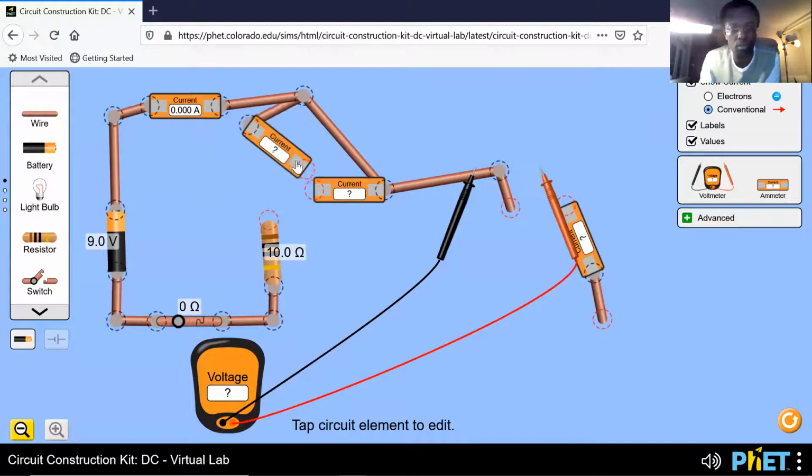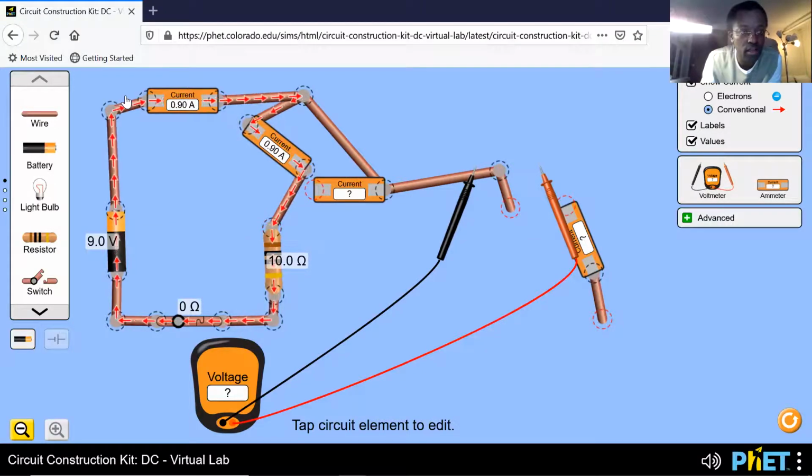I want to make sure. I see. The problem is that I want to include all the ammeters so that we see what the current is everywhere. They're not asking this in the lab, but I want to do it so that you understand what's going on more clearly.